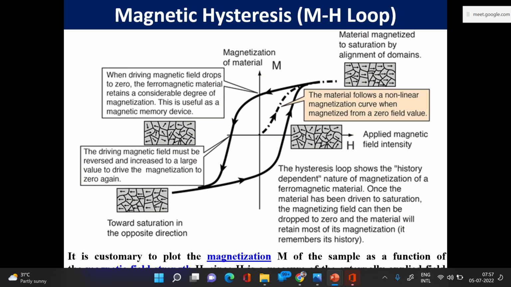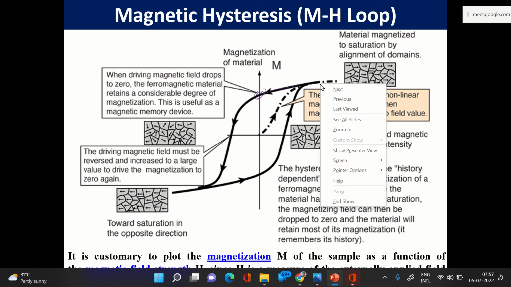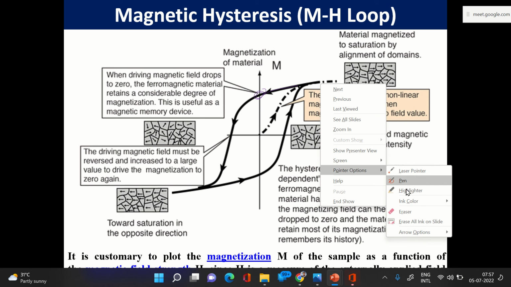We have already discussed this. The material starts from this point. The dotted line means that it happens only one time with a ferromagnetic material, that it will follow this path. After that it will retain this value, and no matter how many times you do this, it will keep moving along this path, the dark lines.